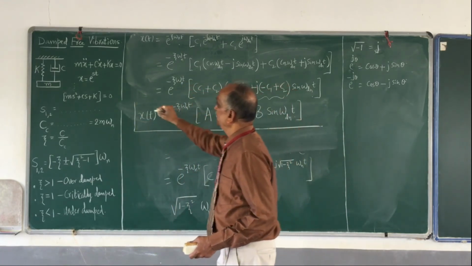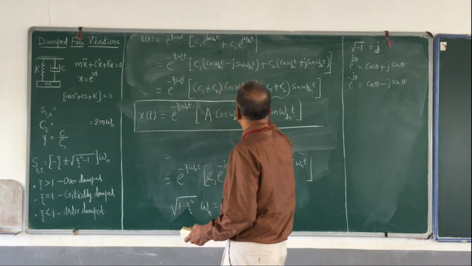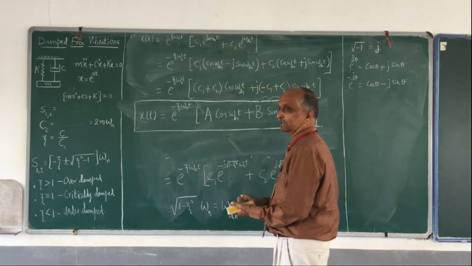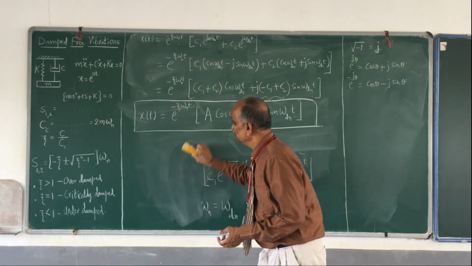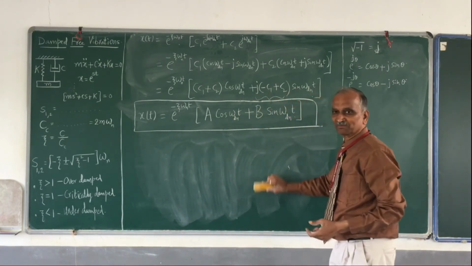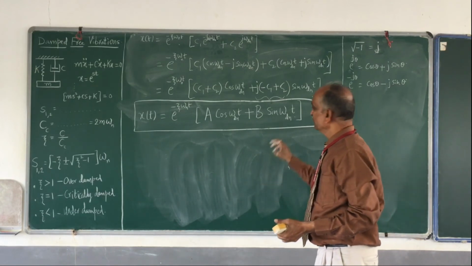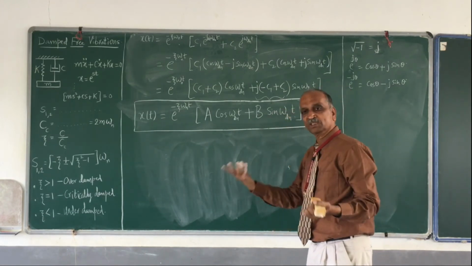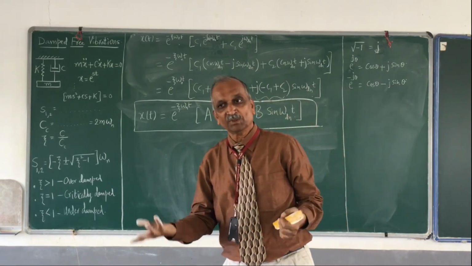This is x of t. The displacement at any time for an underdamped system is given by this. So observe carefully: you have a cosine term and a sine term. For sin theta, sometimes it may be positive, sometimes negative.